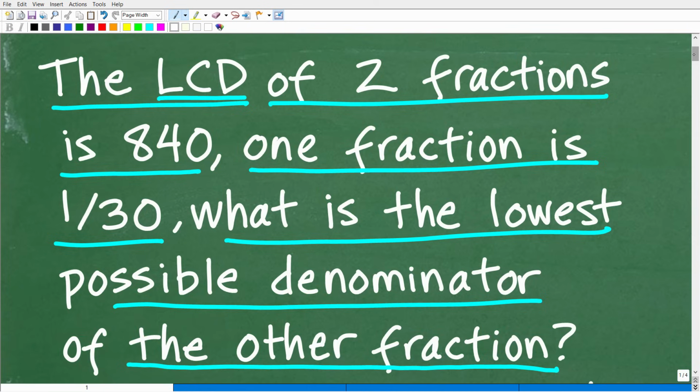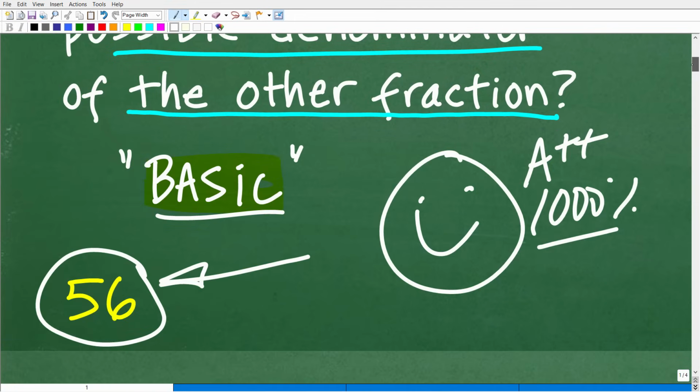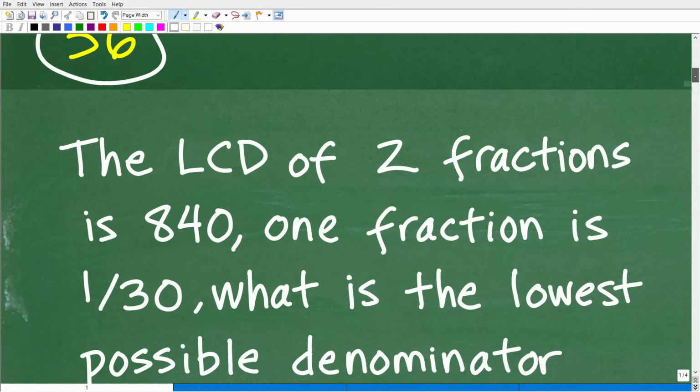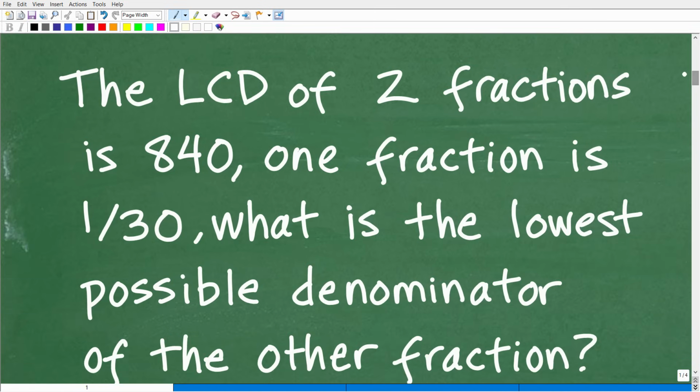Well, not necessarily so. You really need to know a lot of concepts and there's a lot of understanding that goes into really mastering arithmetic and basic math concepts. And of course, a lot of you out there probably forgot much of this information, but that's okay. We're going to go ahead and review this, and by the time you finish this video, you'll be an expert at the lowest common denominator.